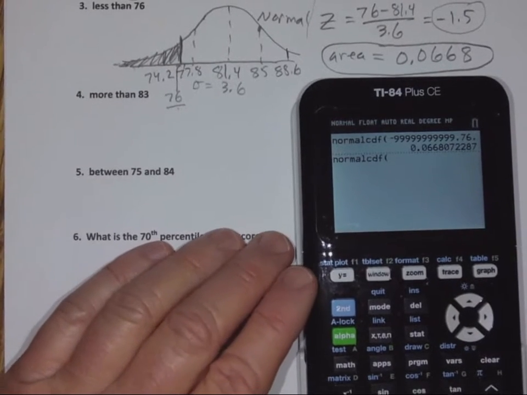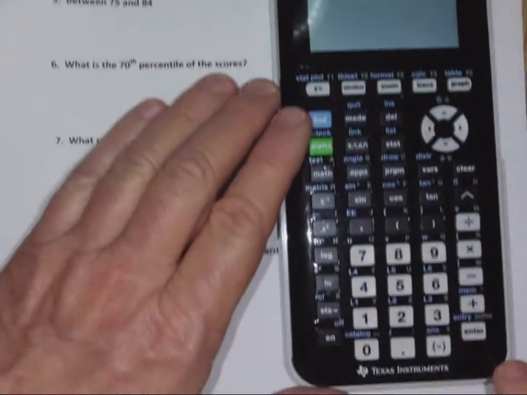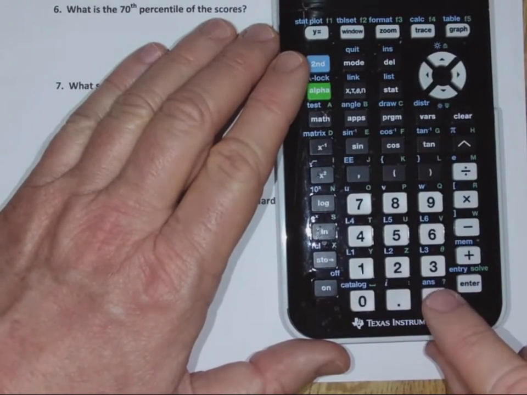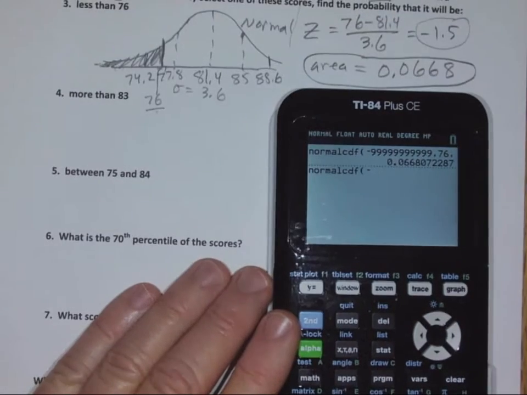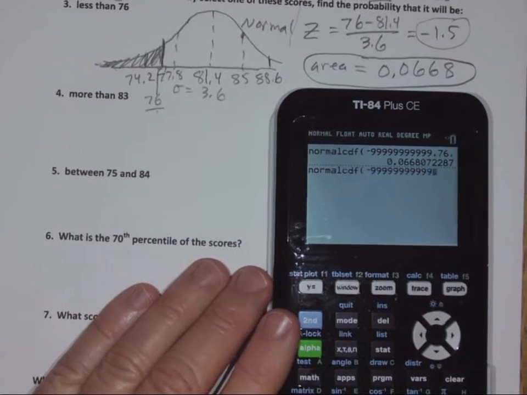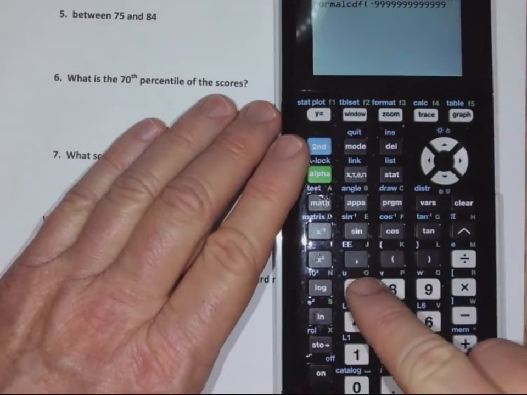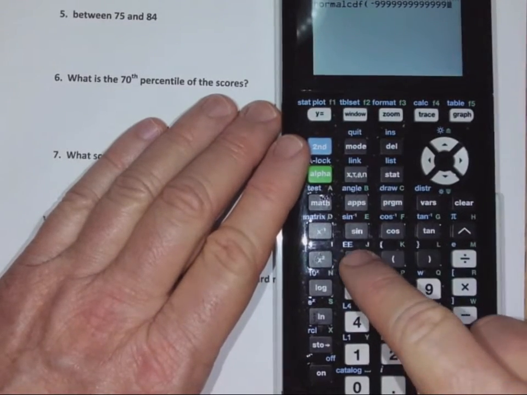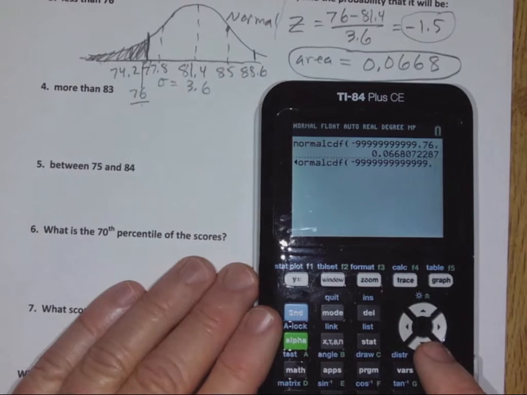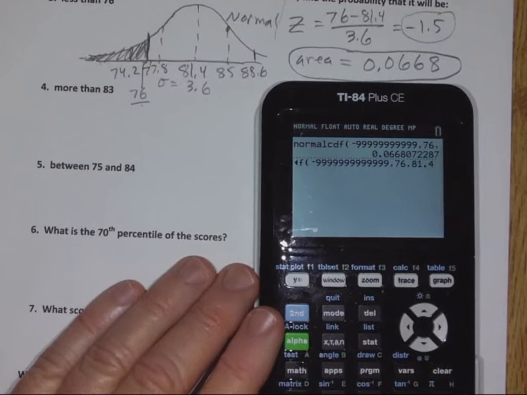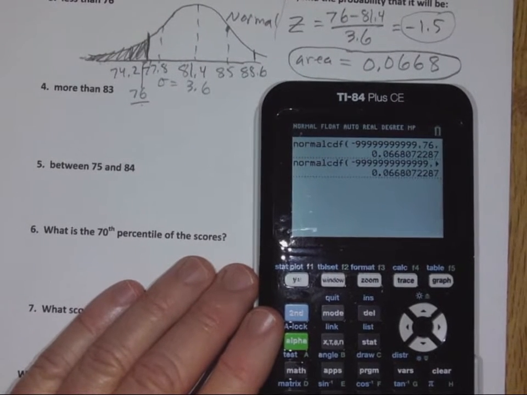And so what you're going to enter in is the lower bound, and make sure to hit the negative button, not the minus sign. So you just go negative 9 E minus a really small number, and then comma, and the comma button is right above the 7 button right there. So you hit comma, and then my upper bound is 76, and then comma, and then my mean is 81.4, and then comma, my standard deviation is 3.6, and then you've got your answer.